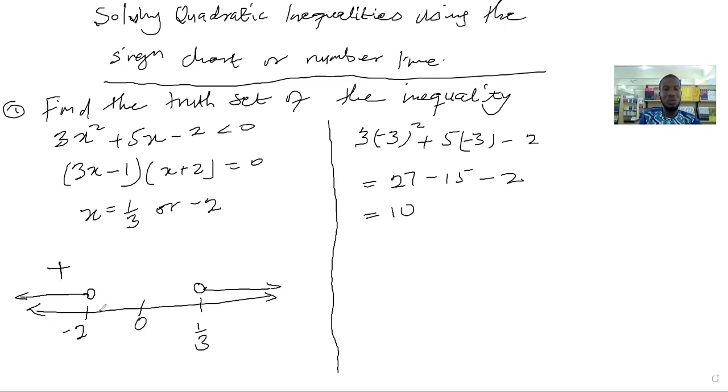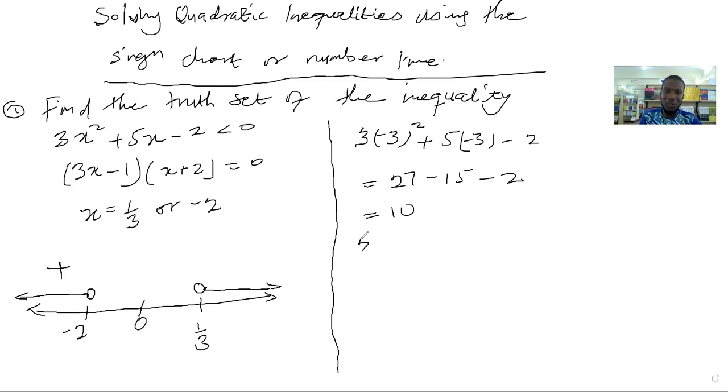Now let's come to this region, numbers between -2 and 1/3. Here, I think the easiest number for us to choose is 0. You can choose -1. Remember, 1/3 is 0.3, so you can choose 0, you can choose -1. But I will choose 0, which is easier.